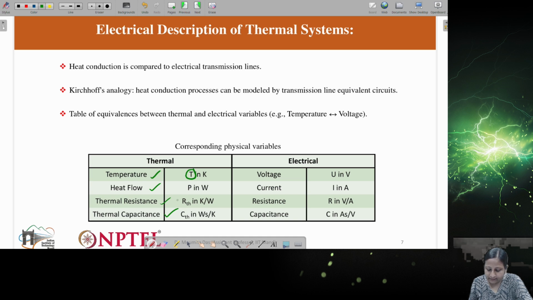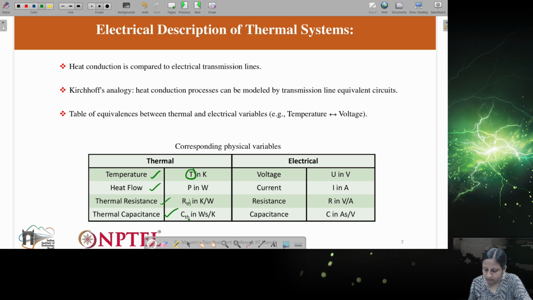Thermal resistance is known as RTH, with unit either Kelvin per watt or degree Celsius per watt. And thermal capacitance is CTH, in Ws per Kelvin.